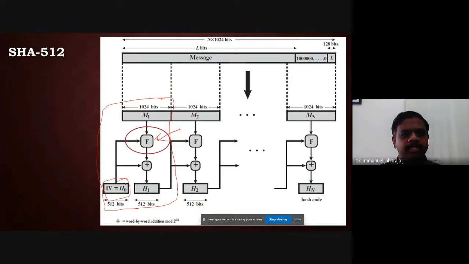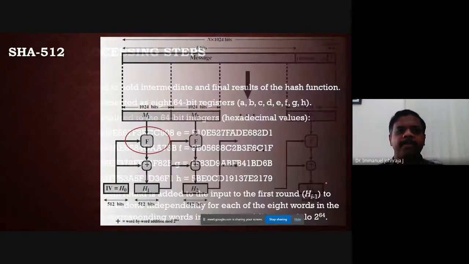Initially it will be initialized with the initial value, then it is changed after processing the first block, then after processing the second block the value is changed. Finally, after the nth block is processed, you have Hn. This is where the hash code is, so the value at the buffer is the hash code after all the processing of all the blocks. Please remember that.